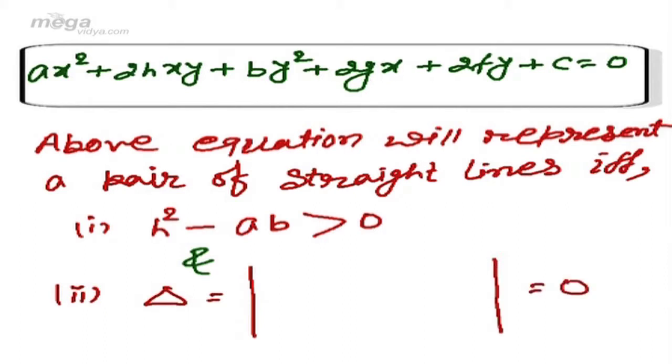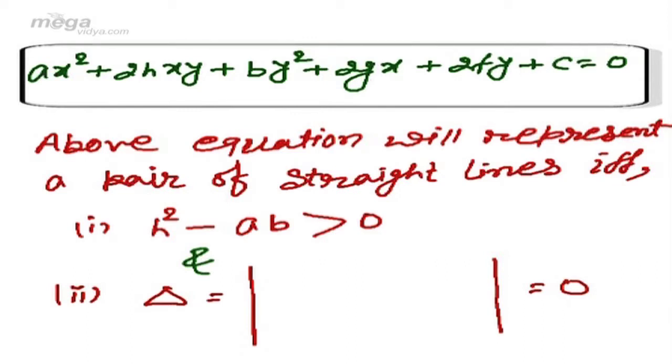This determinant, how will we write it? Here all the constants are a, h, b, g, f, c. There are 6 constants. Write them in alphabetical order.